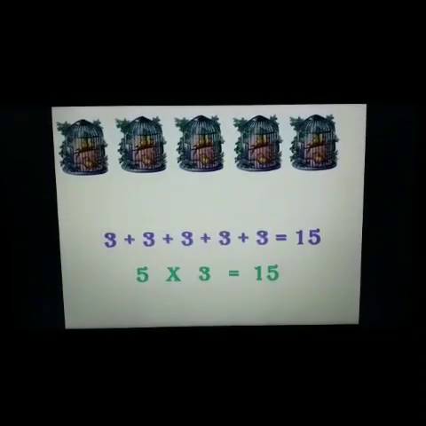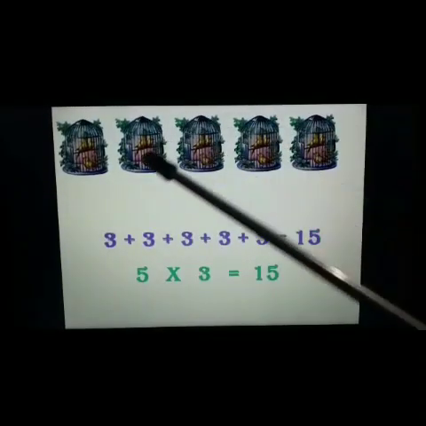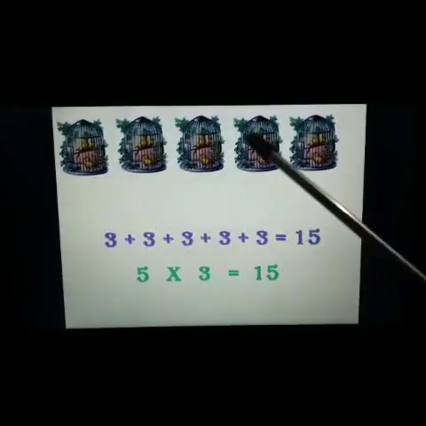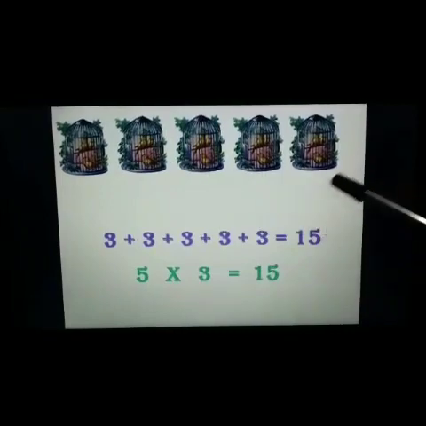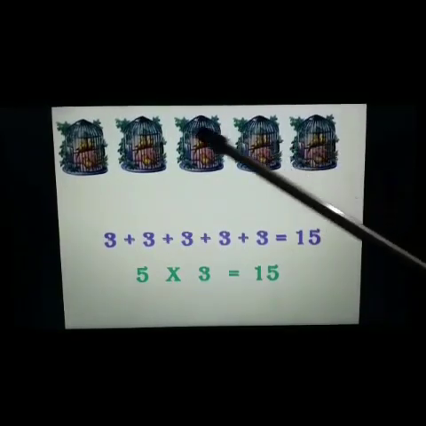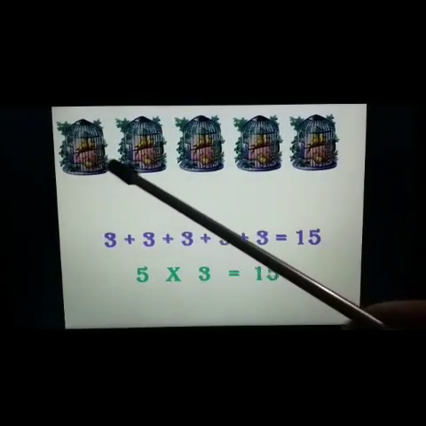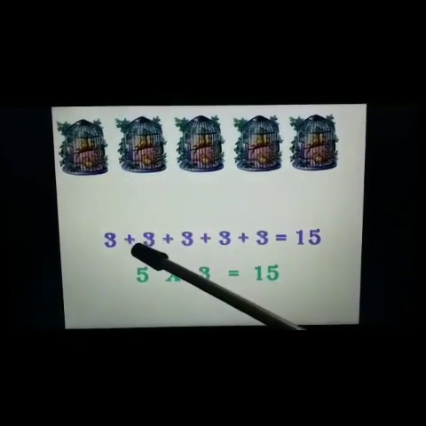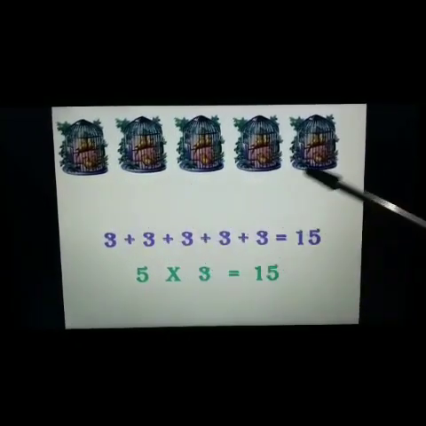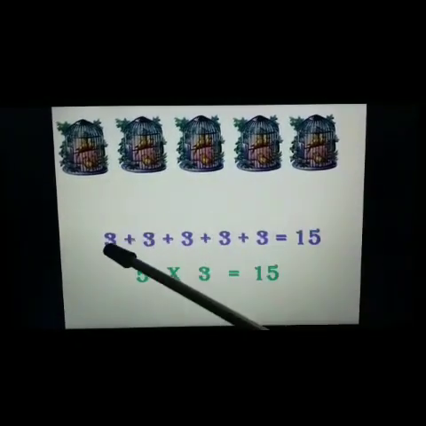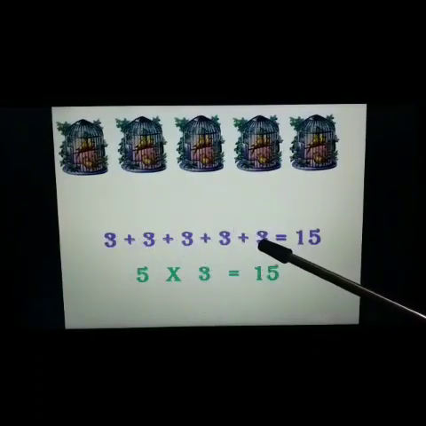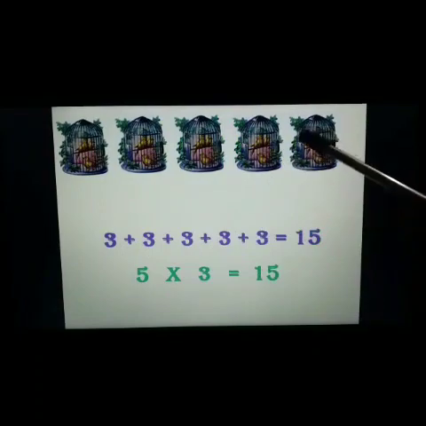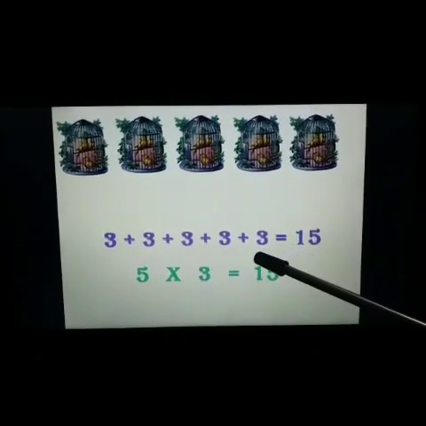Now look at one more example. There are 1, 2, 3, 4, 5 birdhouses here and each birdhouse has 3 birds. So, how many birds in all? 3 plus 3 plus 3 plus 3 plus 3. We will add 3 birds 5 times.